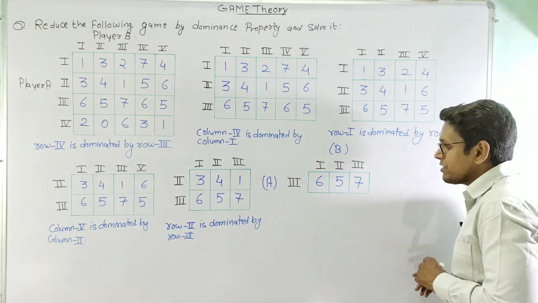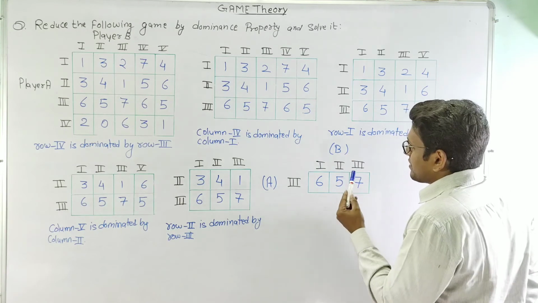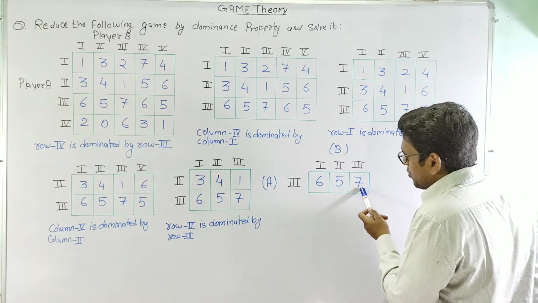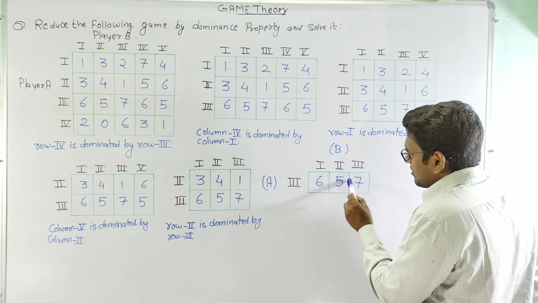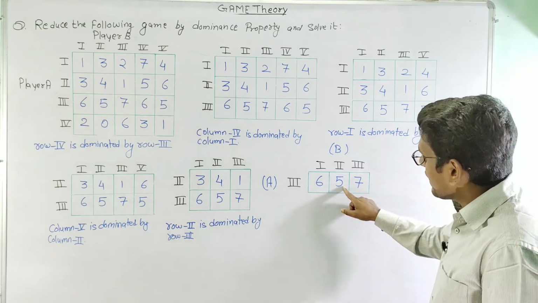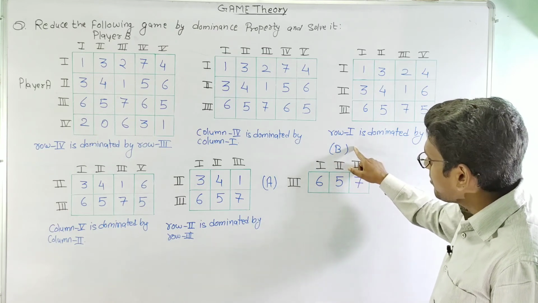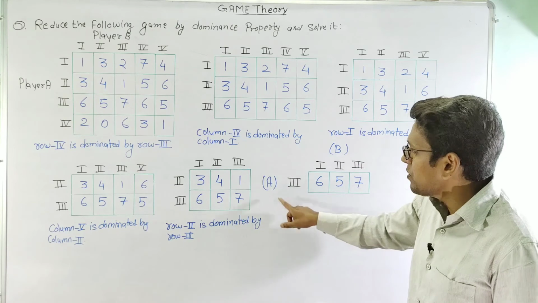So in order to minimize the loss, player B will select the strategy which will give the minimum gain to A. So among these, 5 is the minimum value. That means 5 is the strategy which is having minimum loss to B and minimum gain to A.